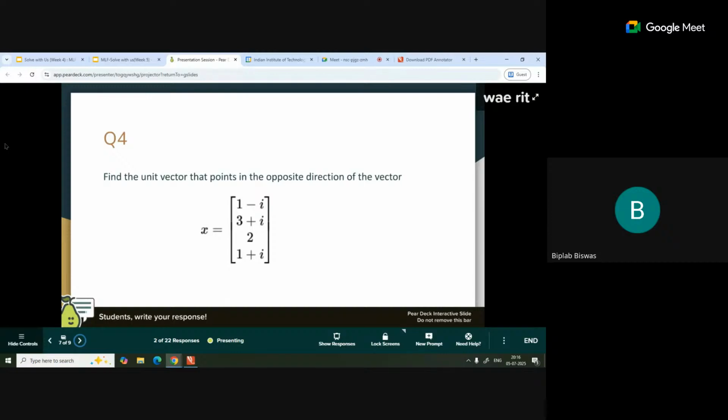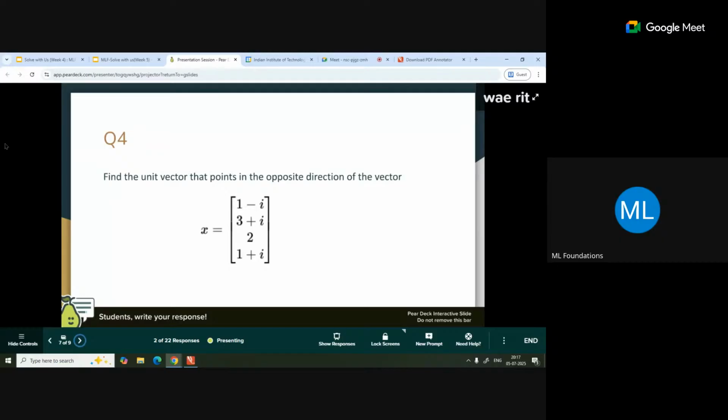Opposite direction means if it is x, then it is minus x. So you first find minus x and then find its unit vector.